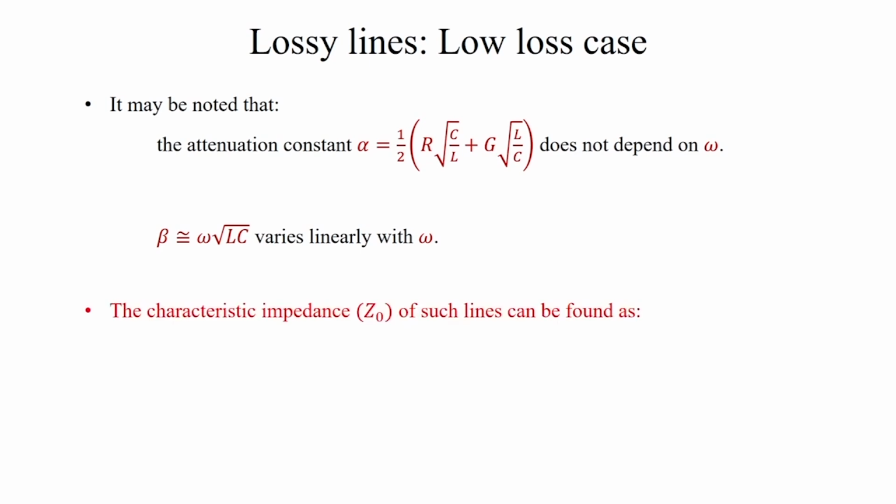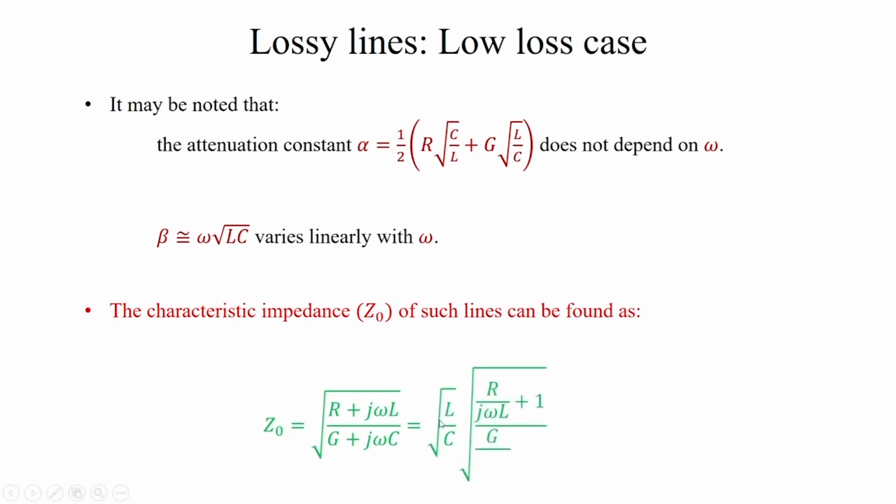The characteristic impedance Z0 for such a line can also be found out, and we write Z0 is equal to root L by C times (R by j omega L plus 1) by (G by j omega C plus 1), and this R by j omega L with respect to 1 will be very small.